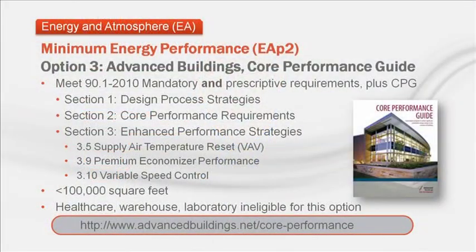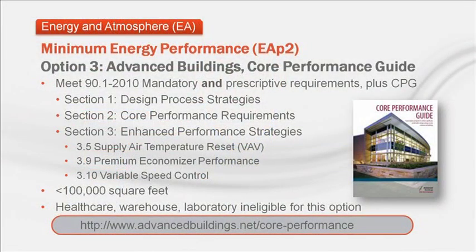The bottom line is that the 50% AEDGs can be used to satisfy the LEED v4 energy prerequisite. In addition, for some buildings less than 100,000 square feet, a third option is available to meet the energy prerequisite. This option uses the New Buildings Institute's Advanced Buildings Core Performance Guide as its basis.